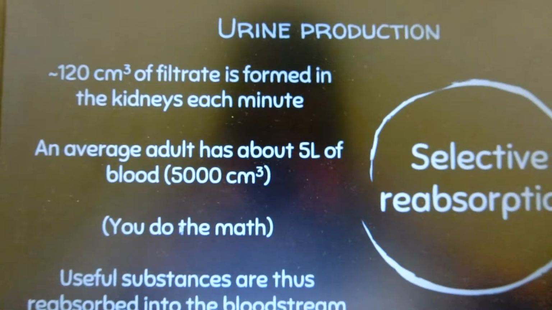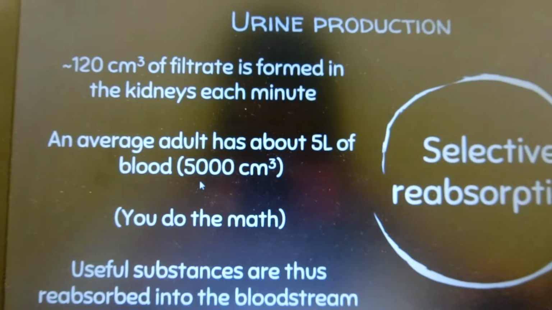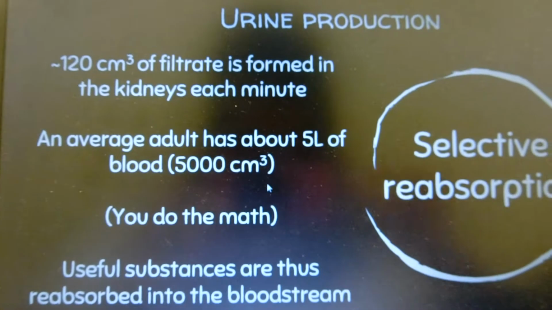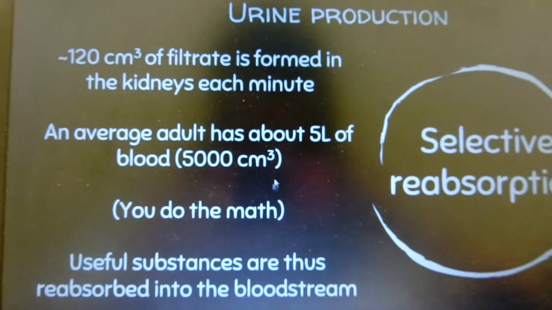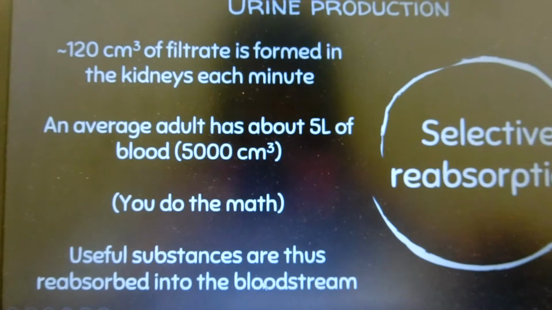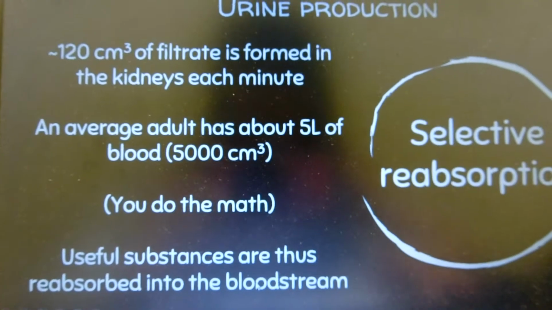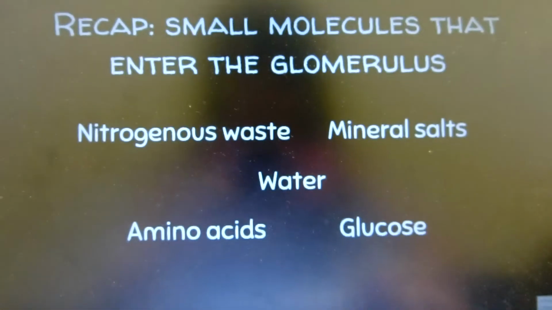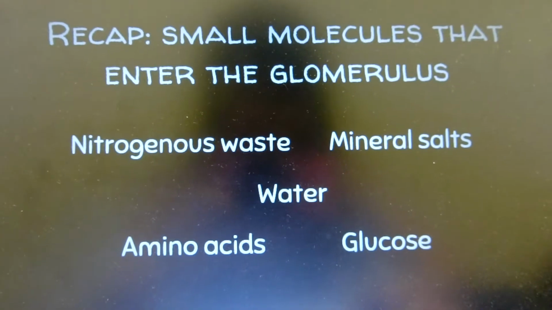So you know for sure that you don't lose 5 liters of water through your urine every day. Definitely some of the useful substances such as water and nutrients will be reabsorbed back into the bloodstream after ultrafiltration.